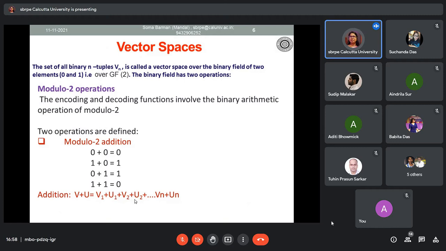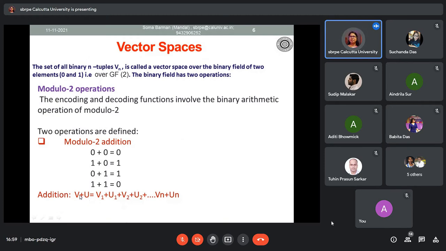So the encoding and the decoding functions involve the binary arithmetic operation of modulo 2. This thing is shown here. All of you know this operation. 0 plus 0 is 0, 1 plus 0 is 1, 0 plus 1 is 1, 1 plus 1 is 0. So similar bits give you 0 and dissimilar bits give you 1. If I add U plus V, where V is a code word and U is another code word, how do you add?